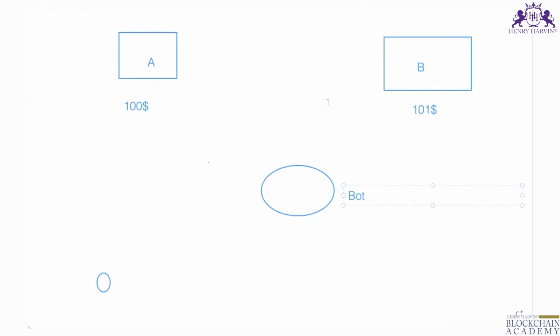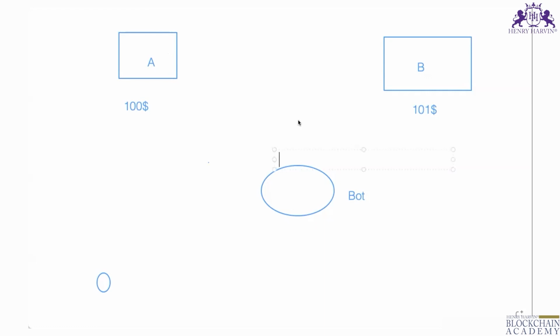What the bot does is place a buy order to exchange A. It will buy one Ethereum from exchange A, the lower-priced one, because exchange A has a lower rate compared to exchange B. So it places a buy order on this exchange by paying $100, and it gets 1 Ethereum.